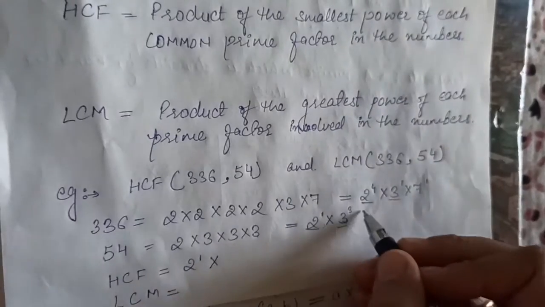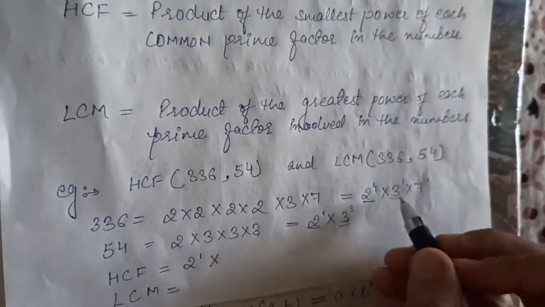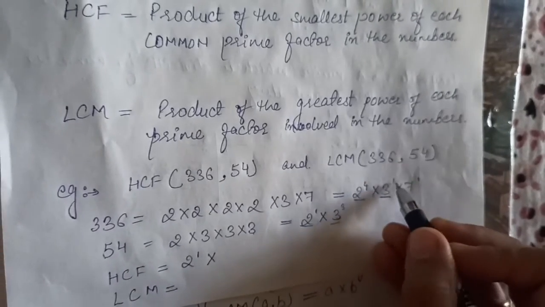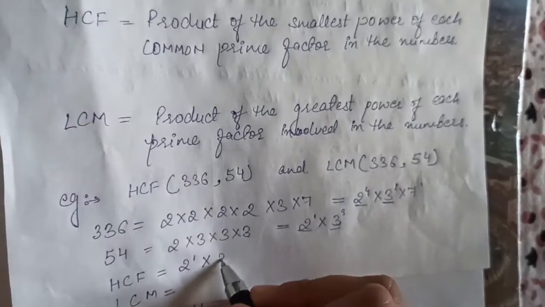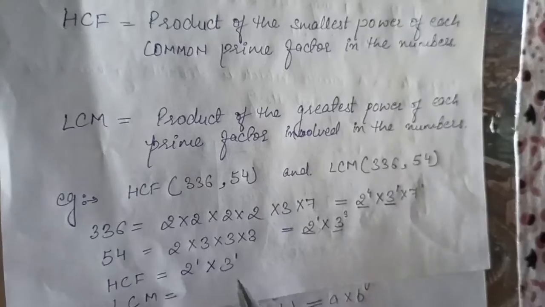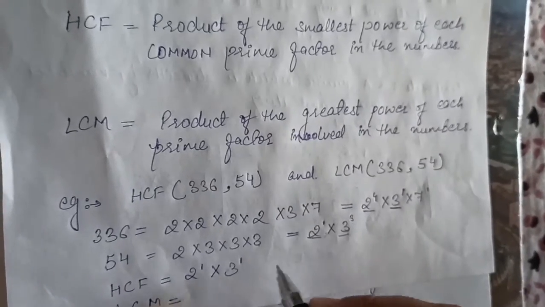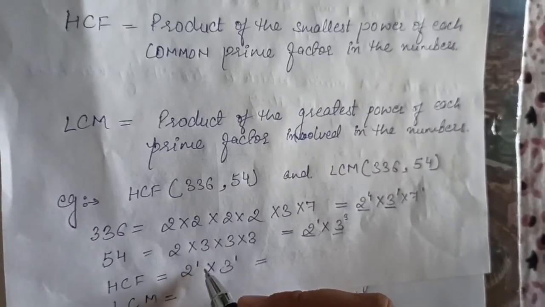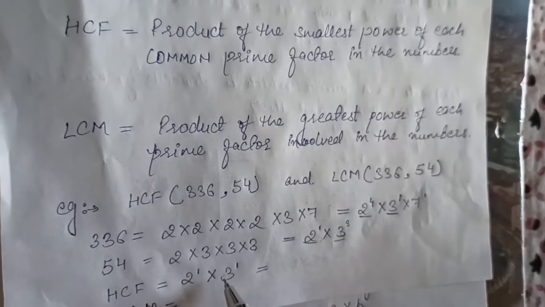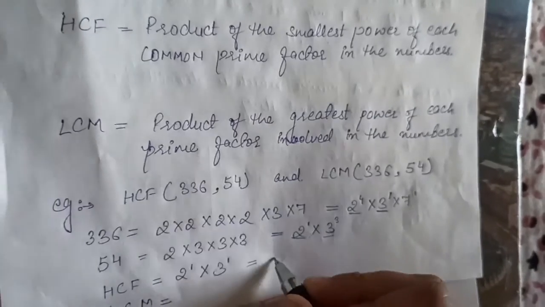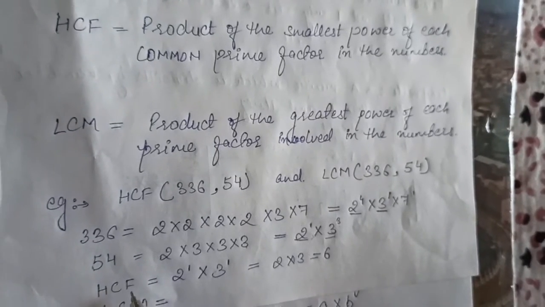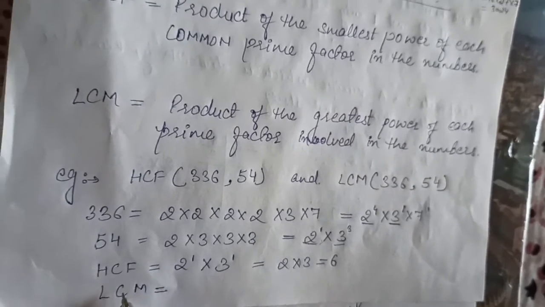Multiply by the smallest power of 3: 3 raised to power 3 and 3 raised to power 1, so the smallest power of 3 is 3 raised to power 1. 2 raised to power 1 is 2 and 3 raised to power 1 is 3, so 2 into 3 is 6. So our HCF, the highest common factor, here is 6.